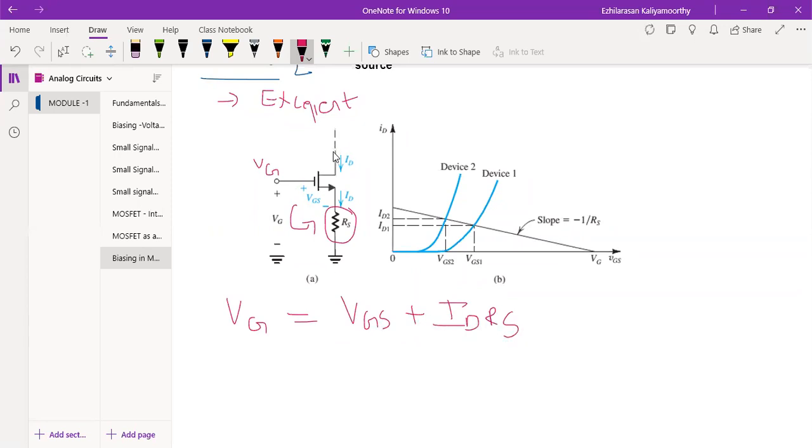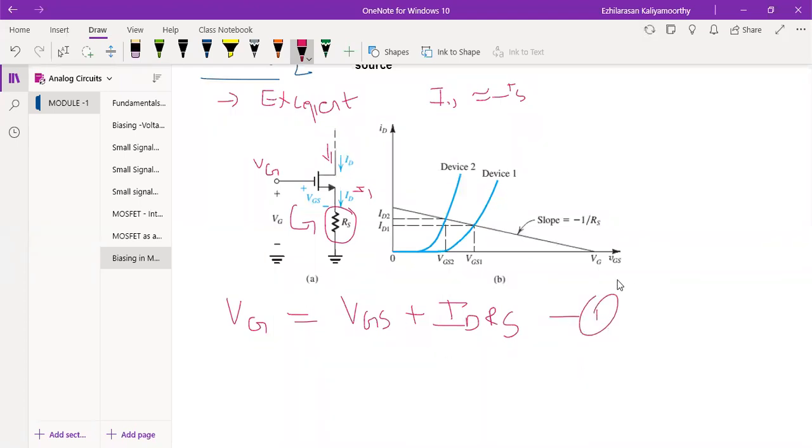You need to remember that the current coming here, the ID current, is the same current in the source terminal; you may call it IS. Normally the ID current is approximately equal to the IS current. So VG equals VGS plus ID RS. Take this as equation number 1.